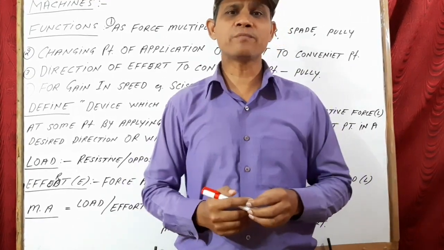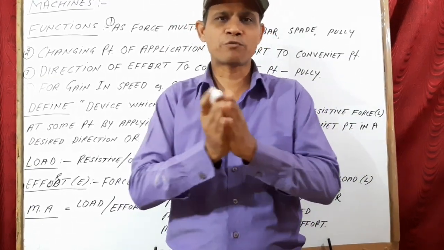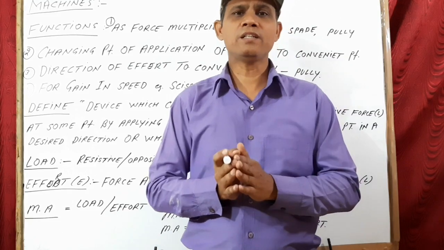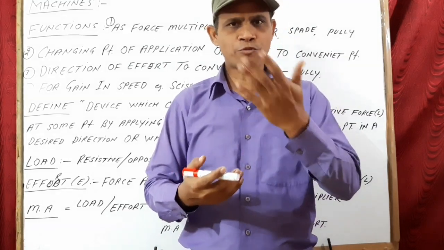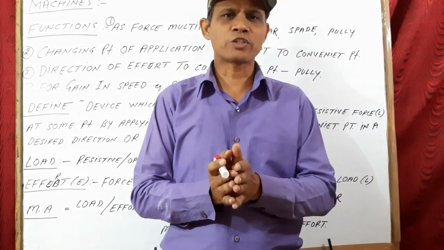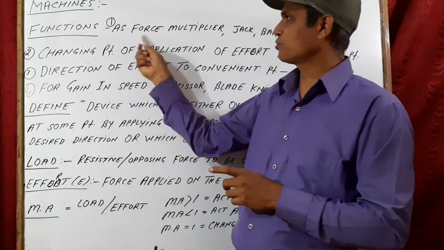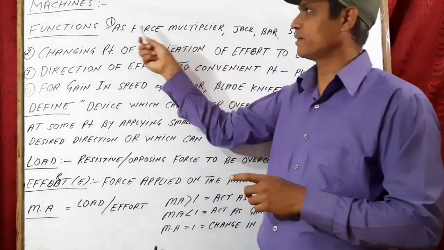But before defining machine, let us see what functions machines perform. Basically, a machine performs 4 functions. And what are those 4 functions? The first function is that it acts as a force multiplier.